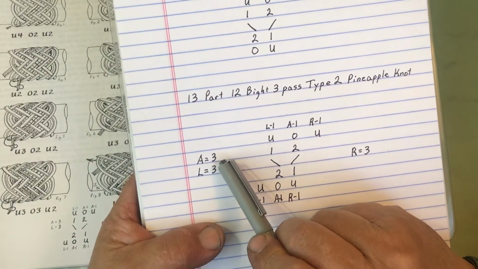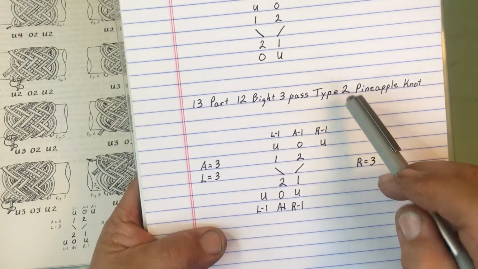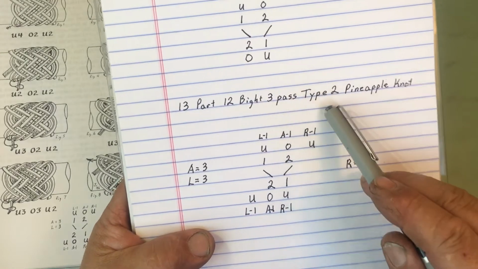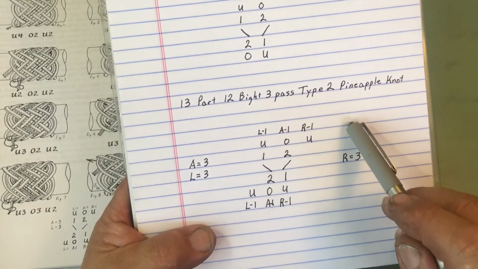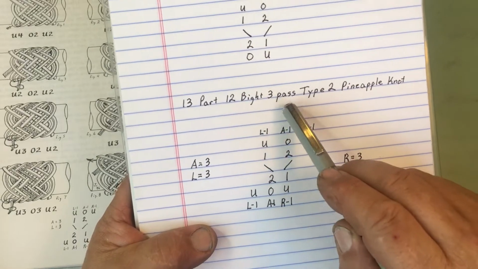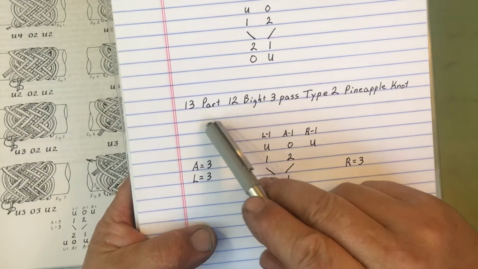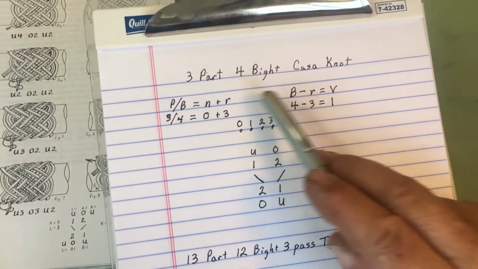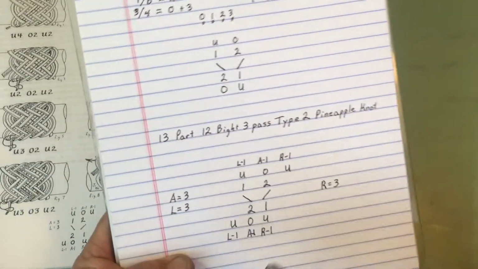So A equals 3. And our type, it's a type 2 and it's a 3-pass. So we've got 2 knots the same size as our primary knot. And our third one is 2 parts less than the primary knot. So that's why we had a 3-part 4-bight knot, because the primary knot is a 5/4.